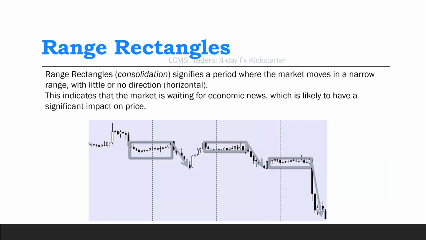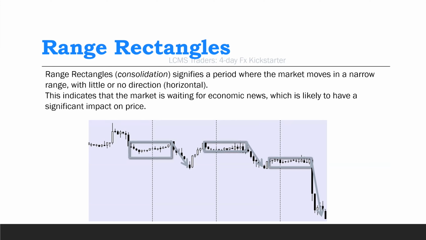The range rectangles, which also indicate some consolidation, is when the market moves in a horizontal range or moves across. As you can see in those rectangles there, it's been moving across with little or no direction. This indicates that the market could be waiting for some news to happen. And if that news does come out positive, we might see prices shoot up.